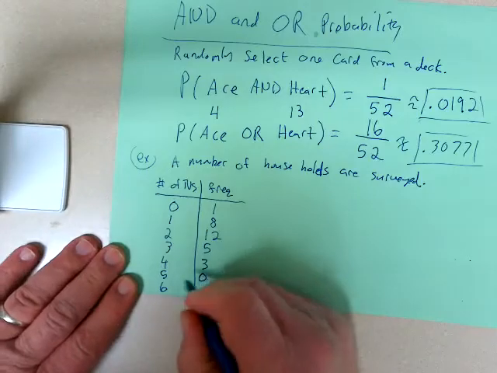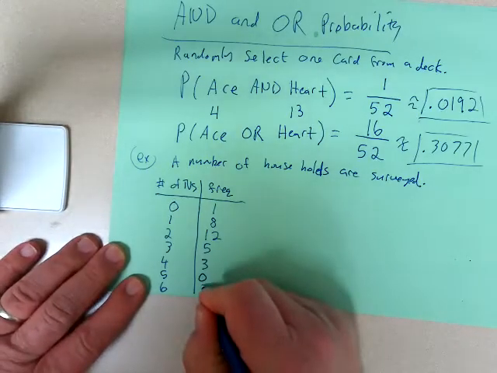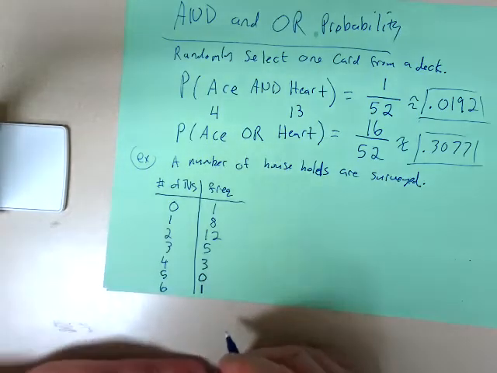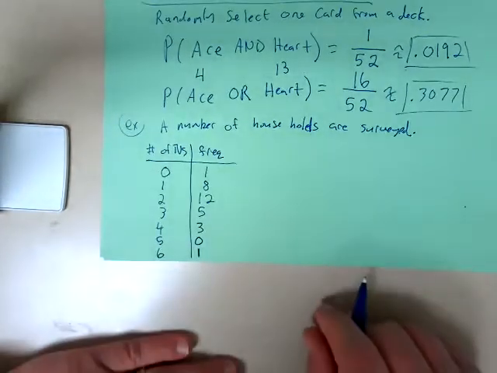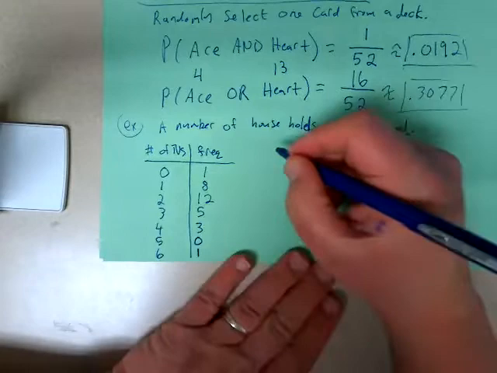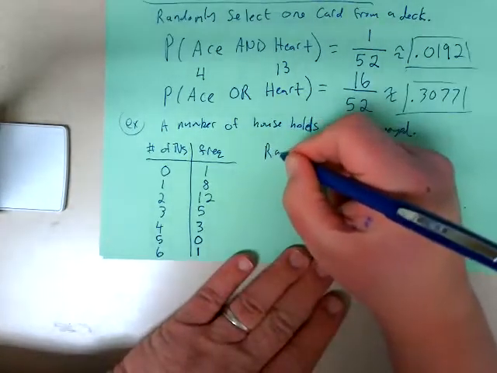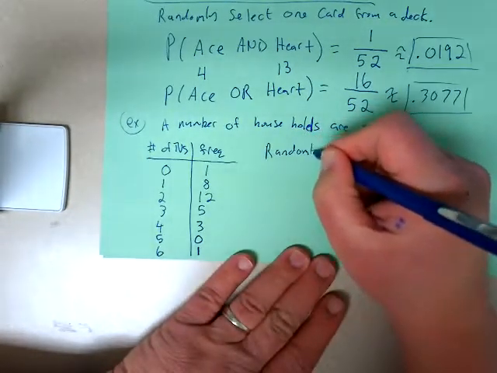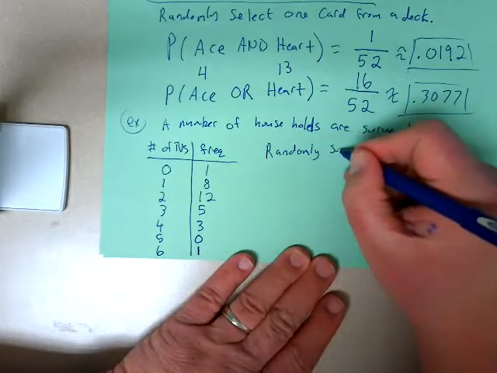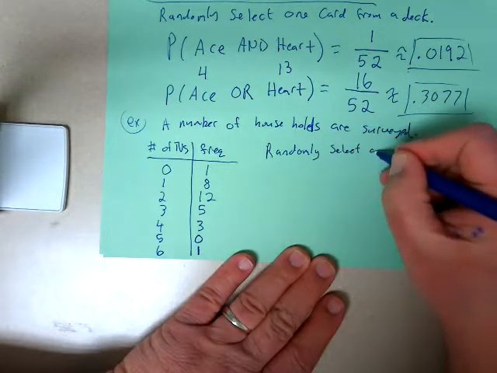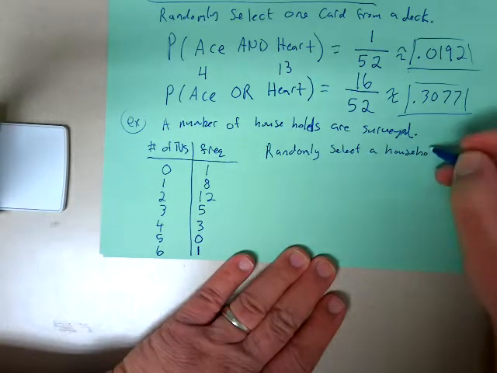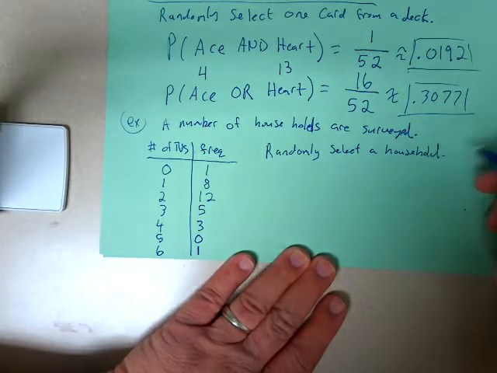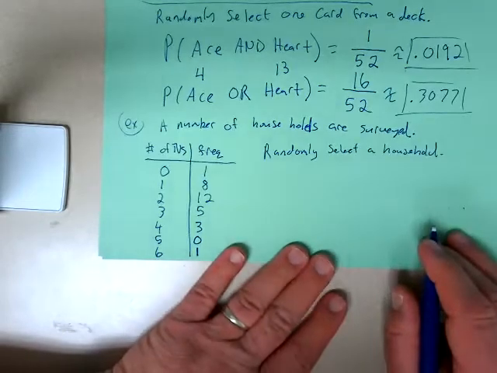Let's say no households had 5, and then 1 household had 6. Okay? And so basically this is a frequency distribution. And what we could do is we could say randomly select a household. And now we could ask some questions then.